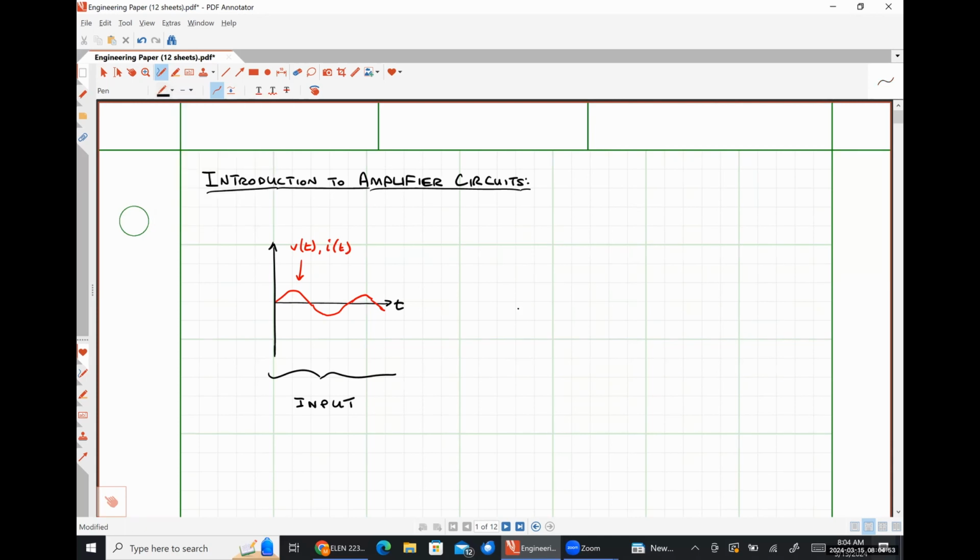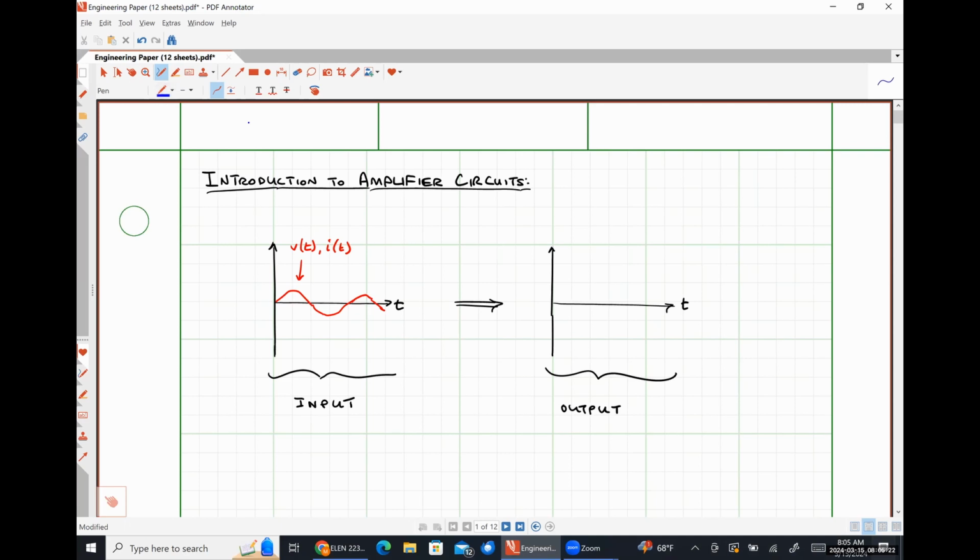And then over here, on the right-hand side, I'm going to draw yet another waveform. And this is going to represent the output of something.